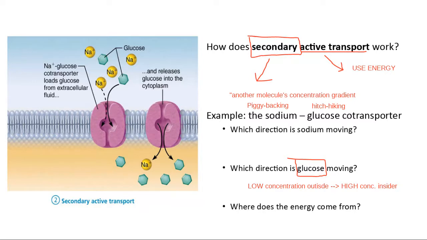Remember, with our salty banana cell, draw it really fast one more time. We've got a whole lot of sodium on the outside. When I leave sodium alone, it wants to go in. In fact, it wants to go in really, really badly because there's so much sodium outside and there's so little inside in comparison. Sodium really wants to get inside.